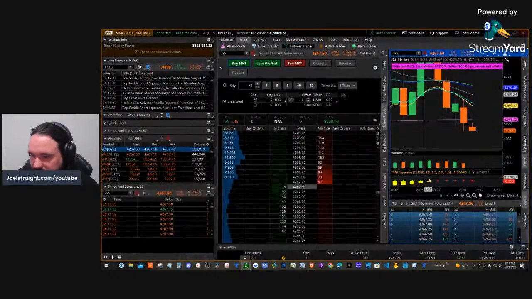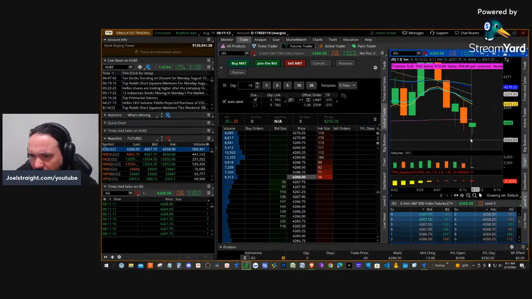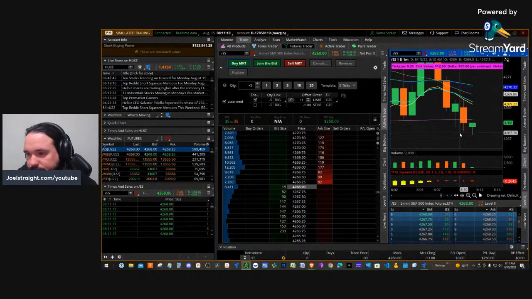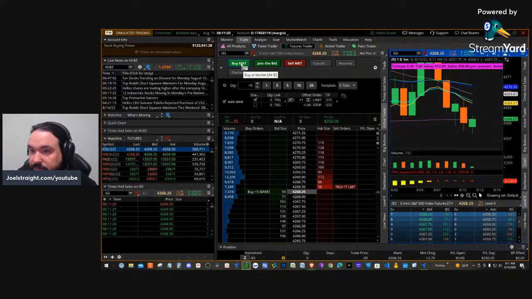So that's why we'd want to check with our TTM, which is currently flat, so not a heavy indicator in either direction. Green on TOS paper. This is exactly why I didn't go short there on that one, just because it's doing exactly what it did a few minutes ago.